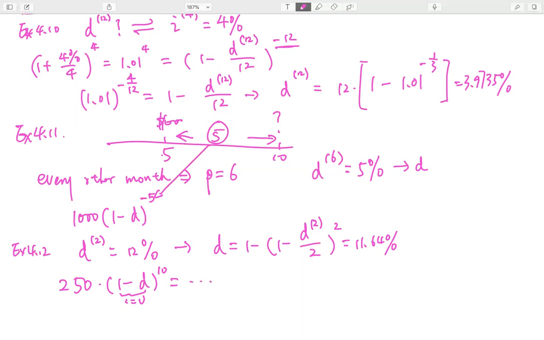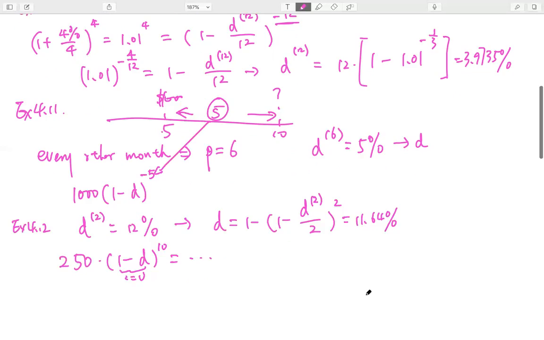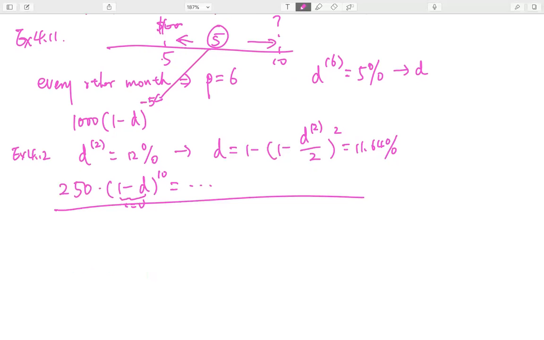By the way, the textbook also provides a slightly different, but pretty much the same, approach. What you do is directly do the discounting. You don't need to always convert, because we are in the world of compounding. So what we have is this: 1 minus d upper 2 over 2, this is for 6 months.